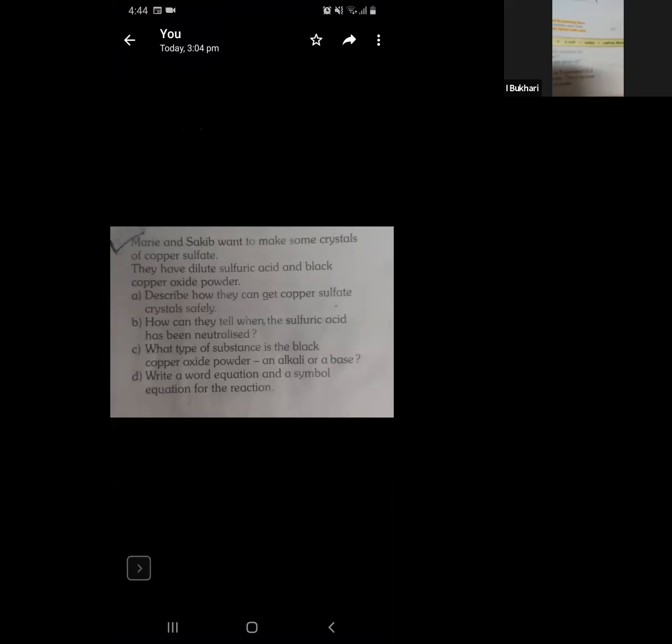The filtrate will have copper sulfate as well as water, because all the sulfuric acid has reacted and the leftover copper oxide is separated by filtration. The residue on the filter paper will be copper oxide, and in the filtrate we will have the copper sulfate. I hope you are looking at that picture of making a salt as I'm speaking.